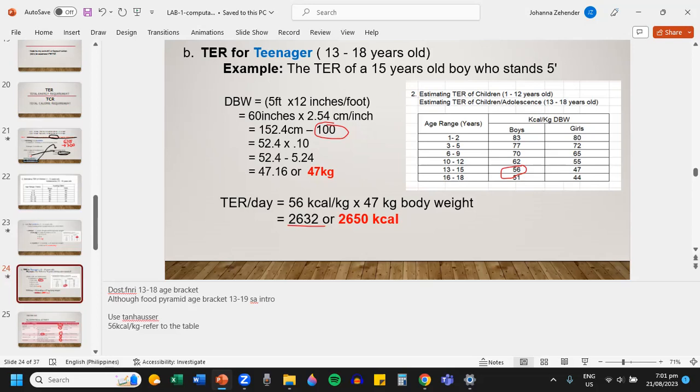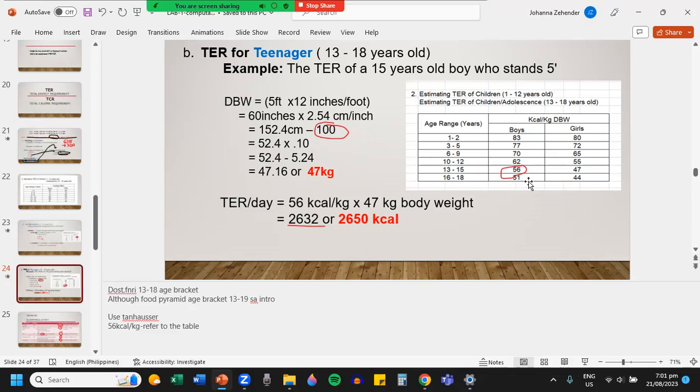Now again, you're going to look at the table. We know that the adolescent is a boy, a male. The patient here is 15 years old, so we start by looking at the age range. And then we have the kilocalories per kilogram desirable body weight here.